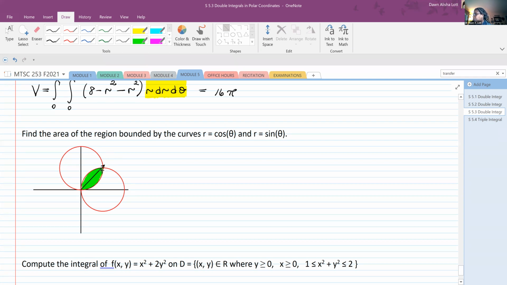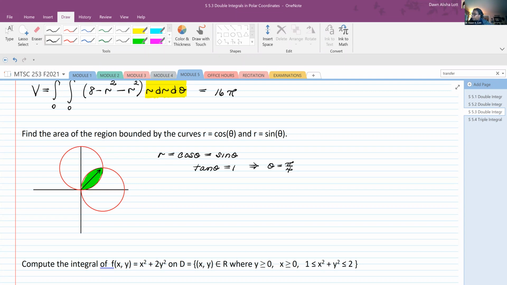If this is our radius, it is nice if we knew where these 2 met. So we let r equal the cosine of theta, which also has to equal the sine of theta. That means the tangent of theta is equal to 1, which implies that theta is pi over 4. At theta equals pi over 4, our radius changes.